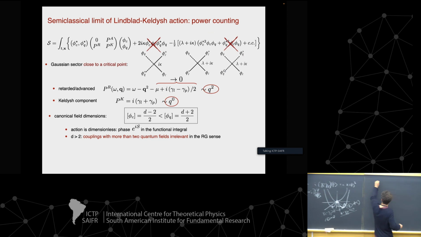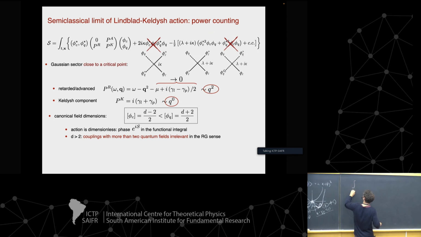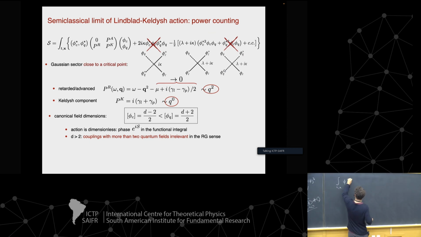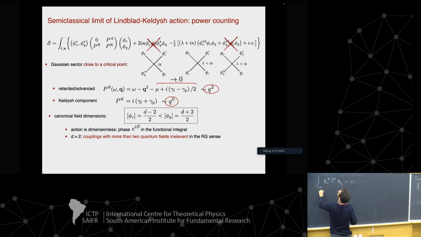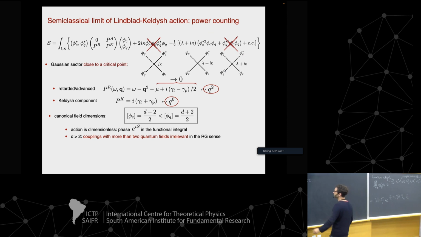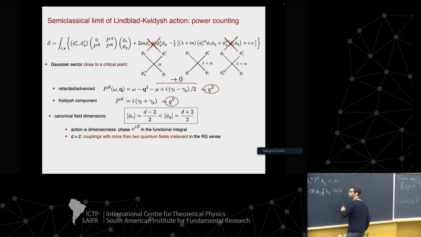We work in the quadratic sector of the action, in t and x, and we have this phi c star, which meets the complex conjugate of this, and then gamma loss, gamma pump, or pk. That's how we can write it. So this here is part of the total action.